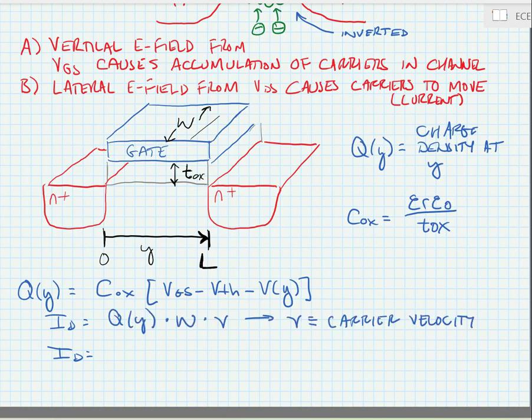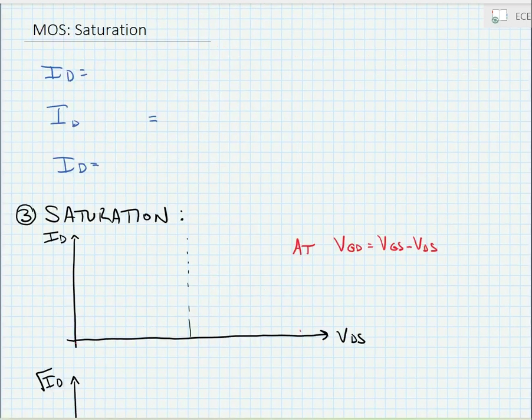Now we know that the velocity of the carrier is proportional to the mobility and the electric field that the carrier is under. So we can expand this out just a little bit. So our drain current is now mobility times the lateral electric field, times the width of the device, times Cox, times the voltage in the channel at position Y.